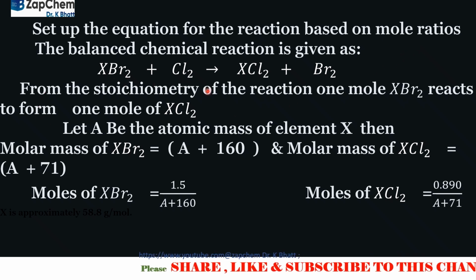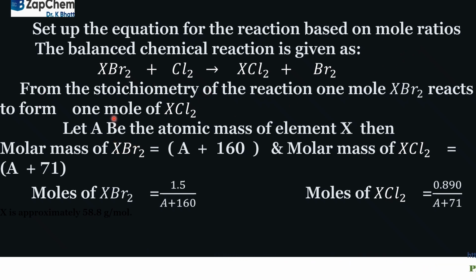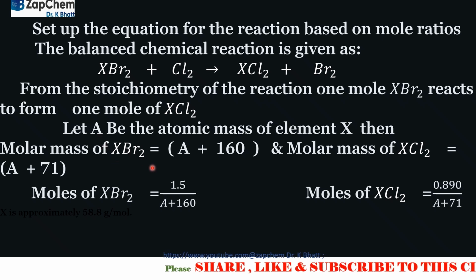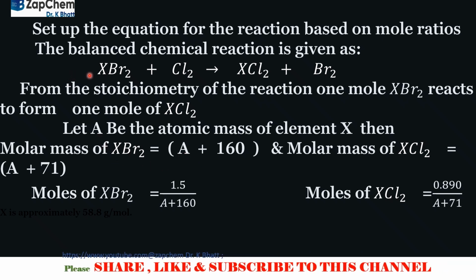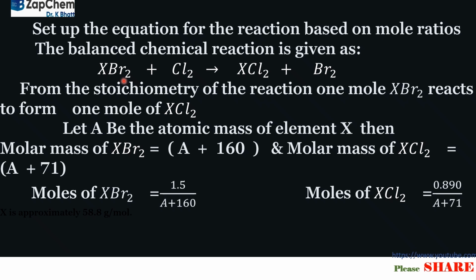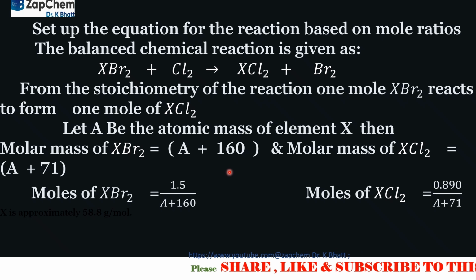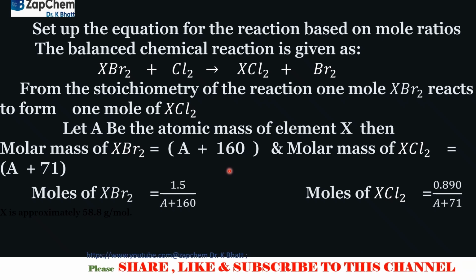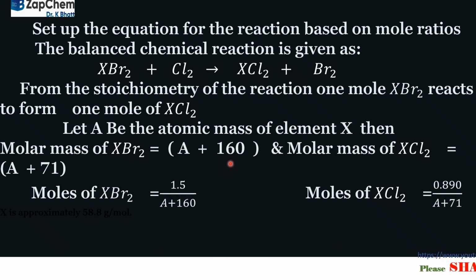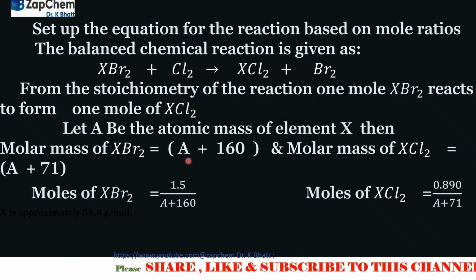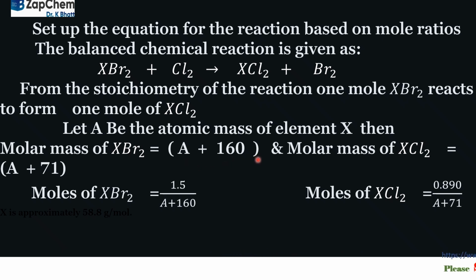Now the balanced equation is given, and let us assume that the atomic mass of element X is A, capital letter A. So what will the molar mass be? In the case of XBr2, it will be A plus 2 times the atomic mass of bromine. The atomic mass of bromine is 79.9 something, so we can take it as a whole number, 80. Two times 80 becomes 160, so the molar mass will be A plus 160.